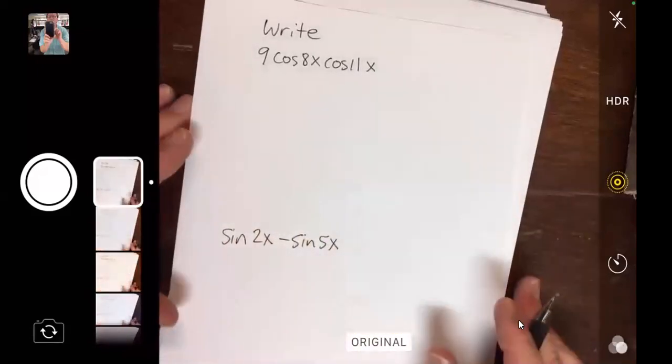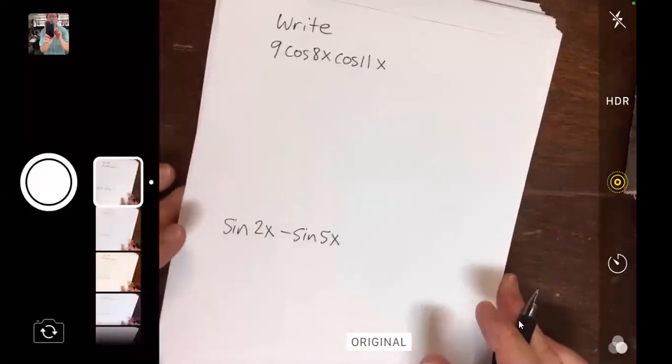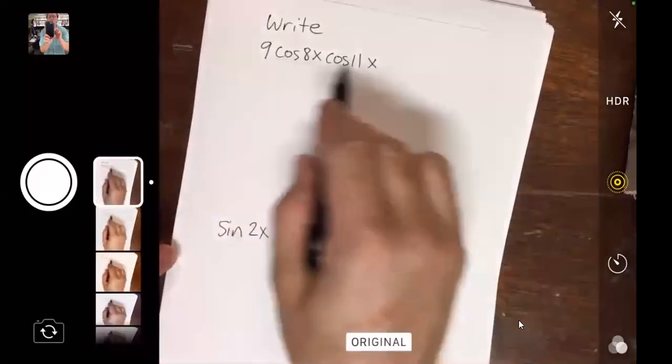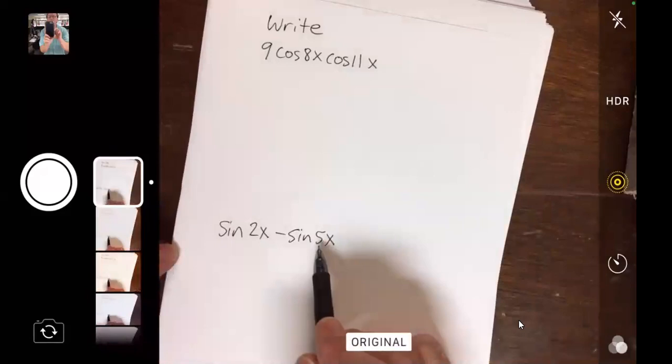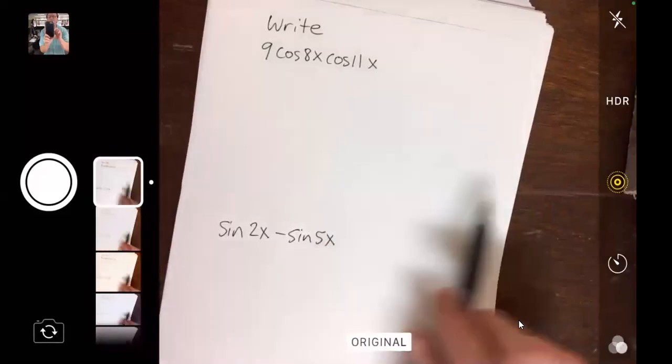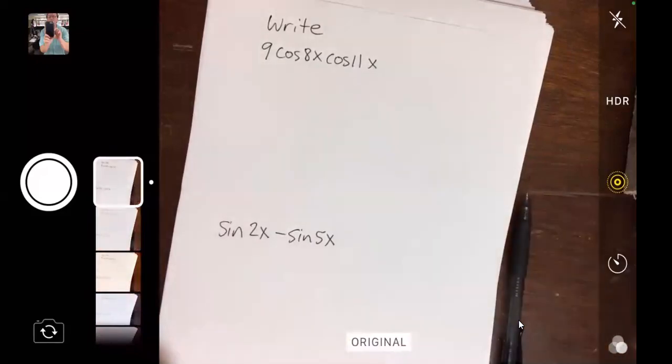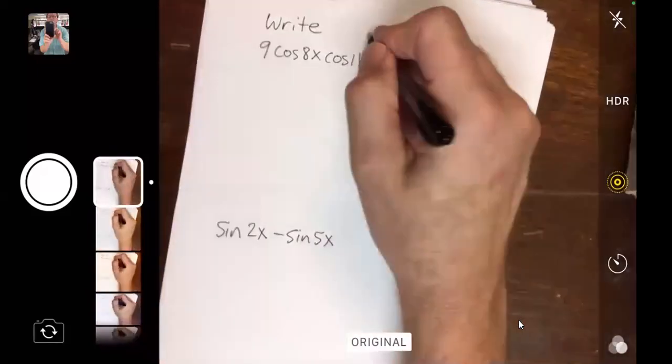They involve the same thing. These are straight plug and chug. This is called product to sum.